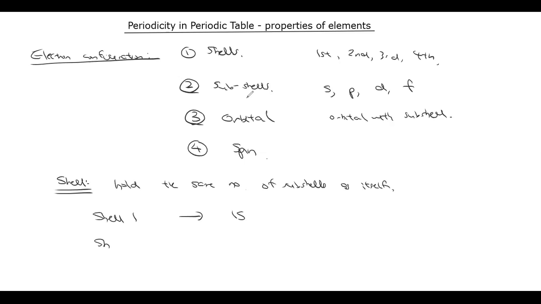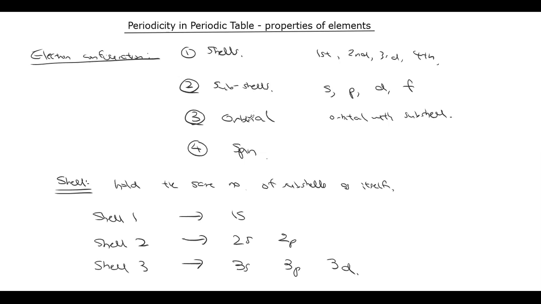Shell 2 can hold 2, so it can hold the 2s and the 2p. Shell 3 can hold the 3s, the 3p, and the 3d, and so on.